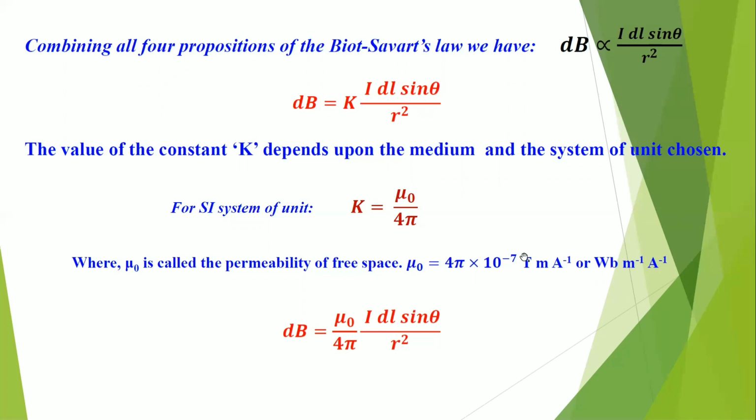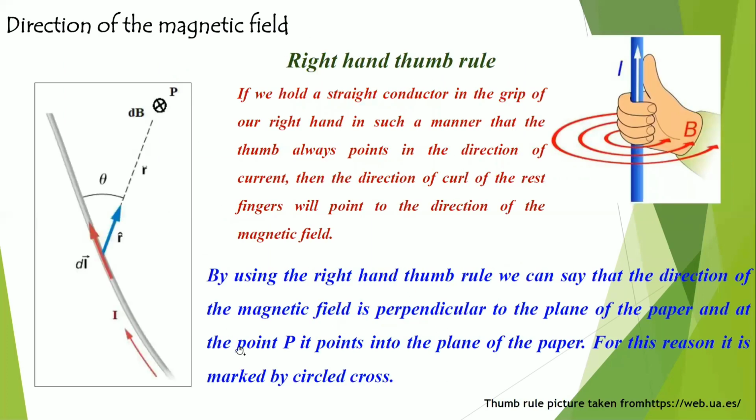And dB can now be written as mu0 by 4 pi I dl sine theta by r square. So this is the expression of magnetic field obtained from Biot-Savart's law.